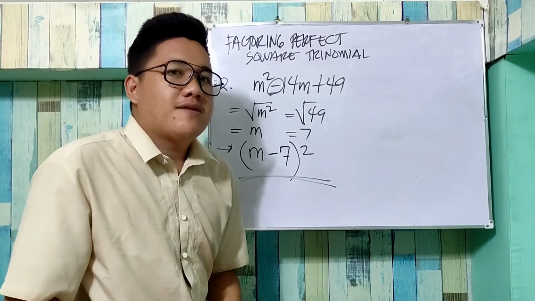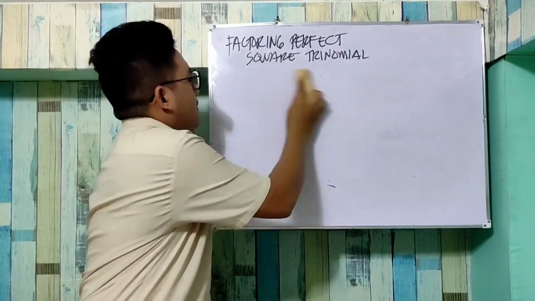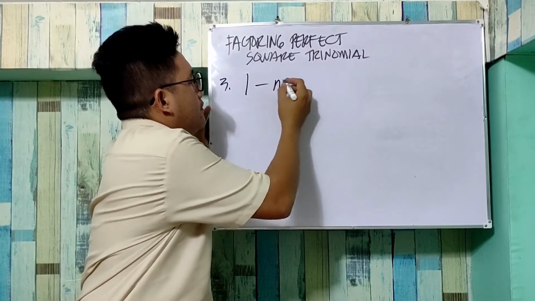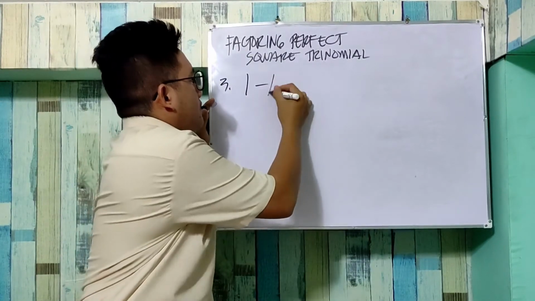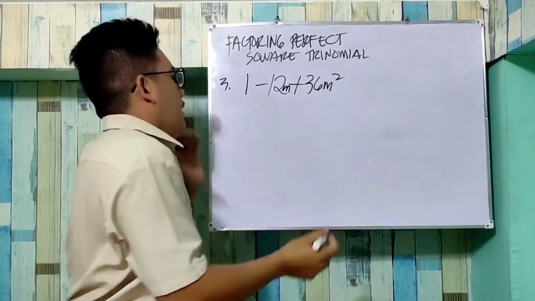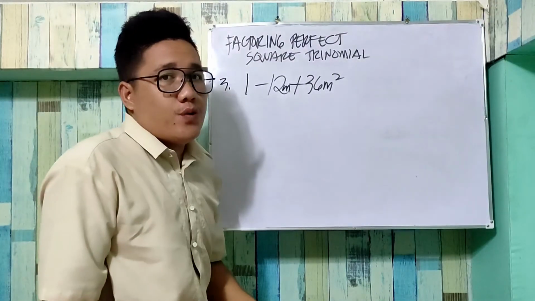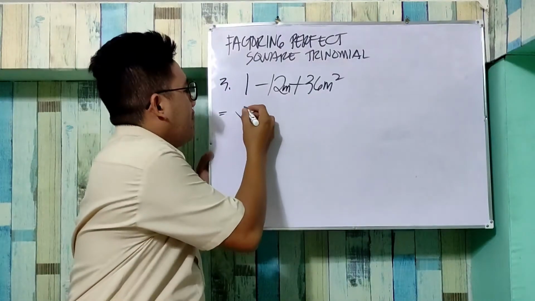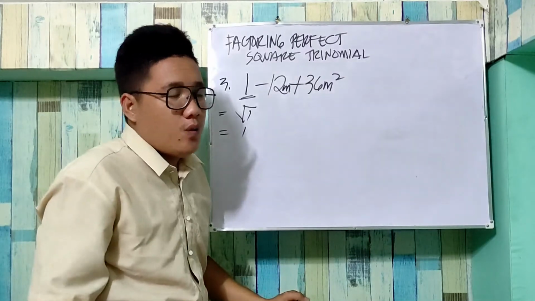Last example para mas maintindihan, para mas malinaw. So we have 1 minus 12m plus 36m squared. We're going to find the square root of the first and last term. What is the square root of 1? That is 1. 1 times 1, 1.